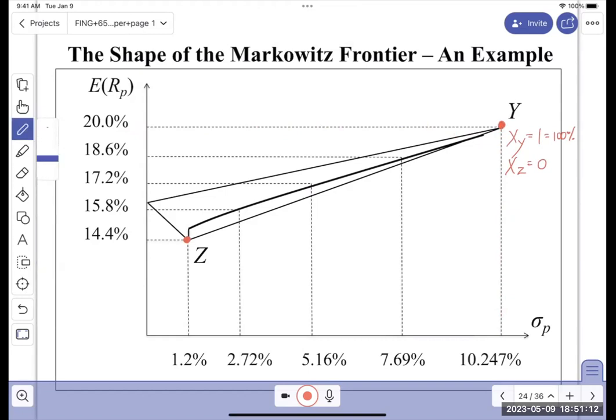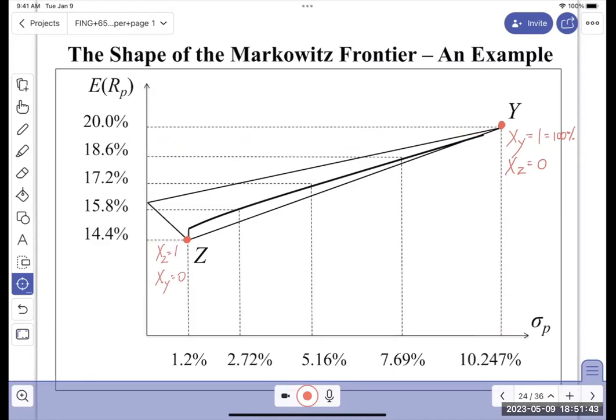Similarly for Z, this point here is 100% invested in Z, but nothing invested in Y. Now, so that's just Z, and that's Y. So Y is higher return than Z, but also higher risk than Z.